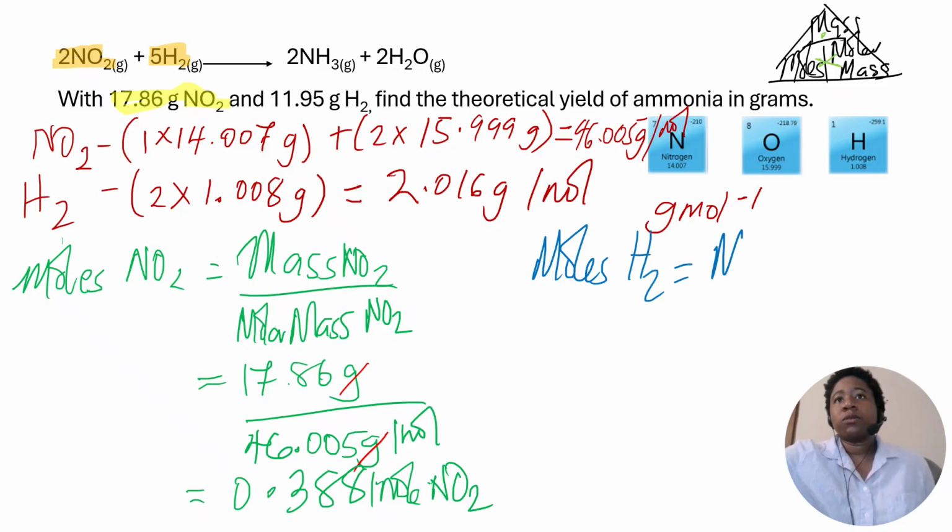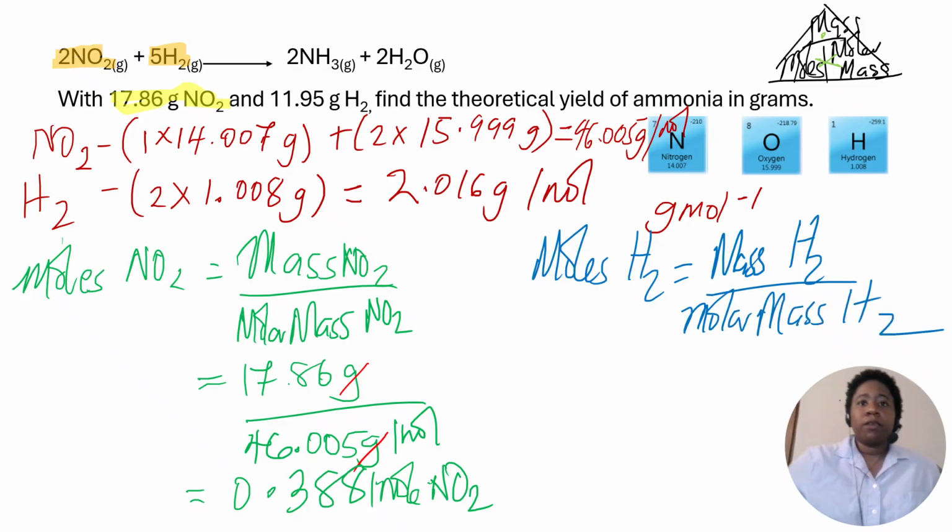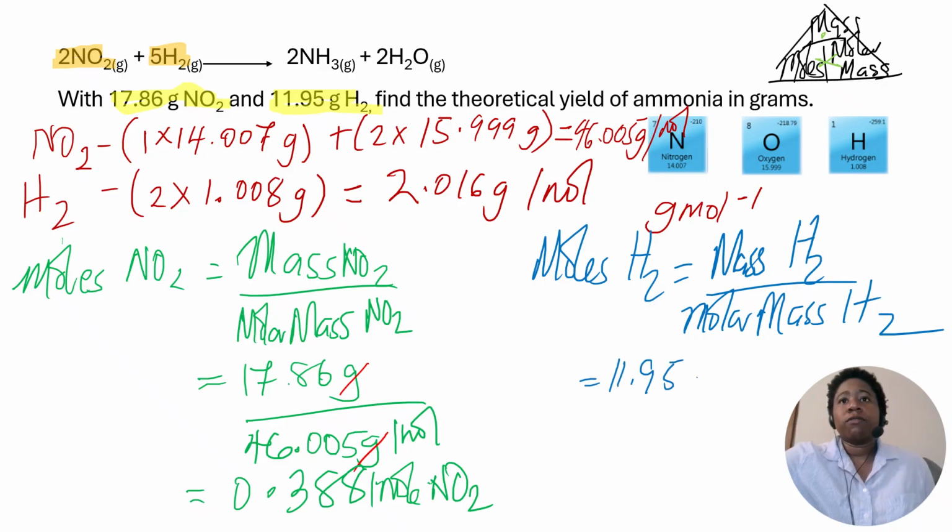All right, next, moles of hydrogen present. And we know that's equal to mass of hydrogen over molar mass. All right, the mass of hydrogen, again, given in the statement, 11.95. So we're going to divide 11.95 grams by the molar mass that we calculated, 2.016 grams per mole.